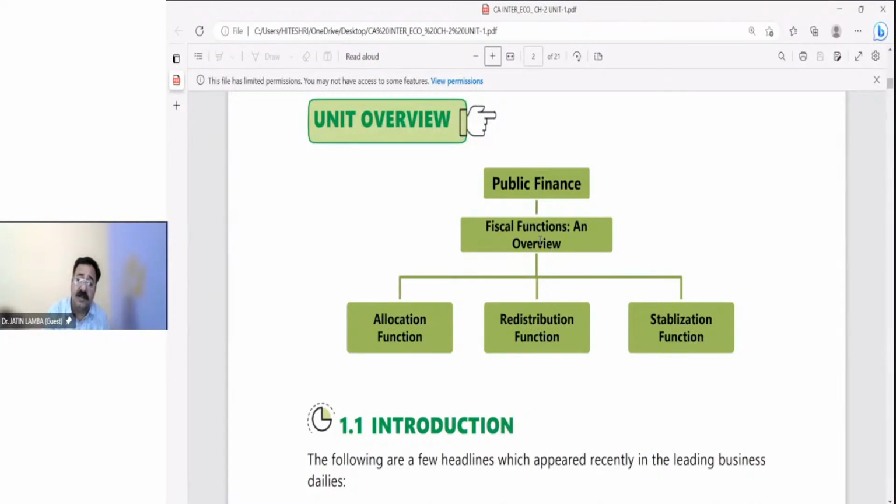We have already discussed this in previous sessions. So the government budget is presented in India every year on the first working day of February.